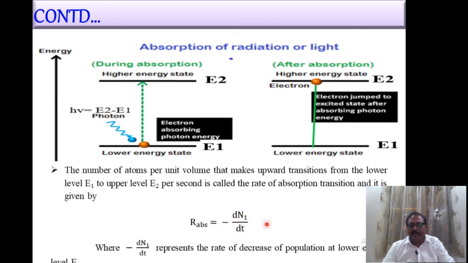This dN1 upon dt represents the rate of change of population at the lower energy level, which goes on decreasing.